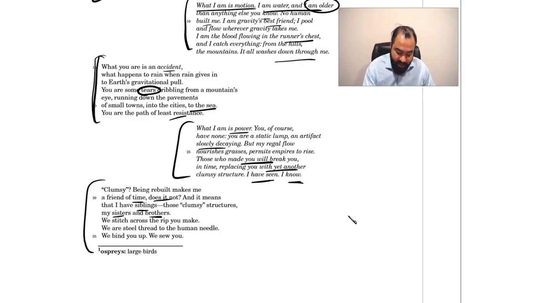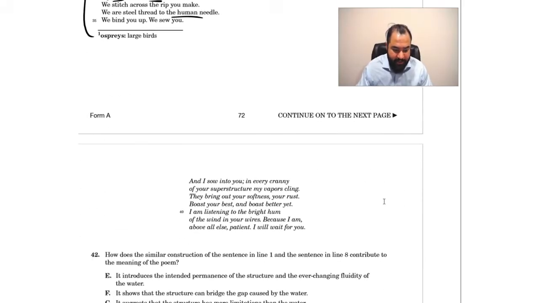"We stitch across the rip you make. We are steel thread to the human needles." That means concrete and steel help humans to build things, like tools. "We bind you up, we sew you." So technically we use concrete and steel to build up things and fix things, like tools.